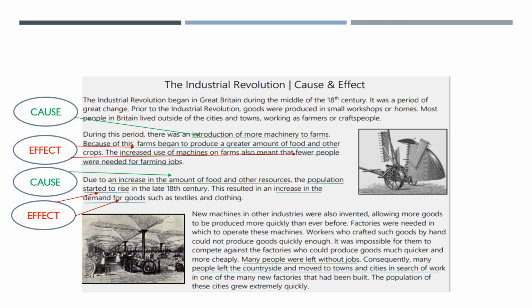New machines in other industries were also invented, allowing more goods to be produced more quickly than ever before. Factories were needed in which to operate these machines. Workers who crafted such goods by hand could not produce goods quickly enough. It was impossible for them to compete against the factories who could produce goods much quicker and more cheaply. Many people were left without jobs.